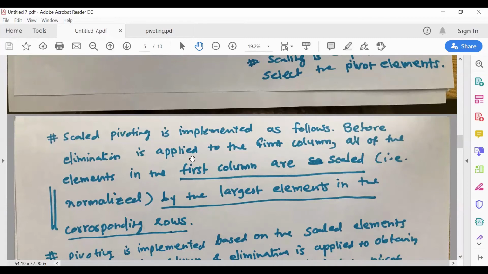Scaled and normalized mean the same thing. You have to divide by the number of maximum magnitude, taking it as a reference point. You divide by the largest element in the corresponding row.